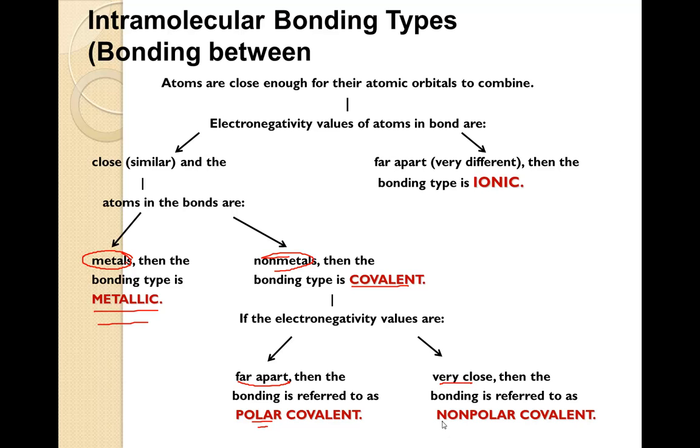So, first, you have to figure out if it's metals and nonmetals. If it's just one or just the other, it's either metallic or covalent. Then if you decide that they're both nonmetals, let's get a visual here. If they're both in this region, they're covalent. And then you have to decide how far apart they are from one another and determine if they're polar or nonpolar.